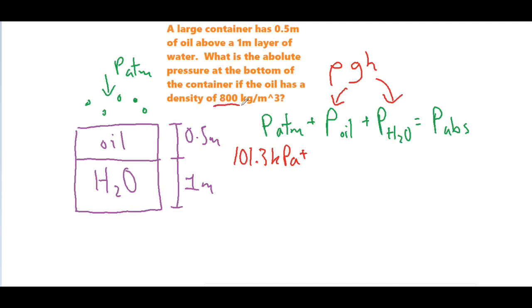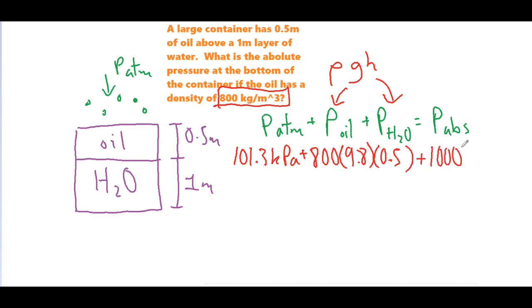So the rho for the oil was given to us in the problem, 800 times 9.8, and then we have 0.5 meters of that oil. And then for water, we still have 1,000 kilograms per meter cubed as usual, 9.8 as usual as well, and then 1 meter of that water.